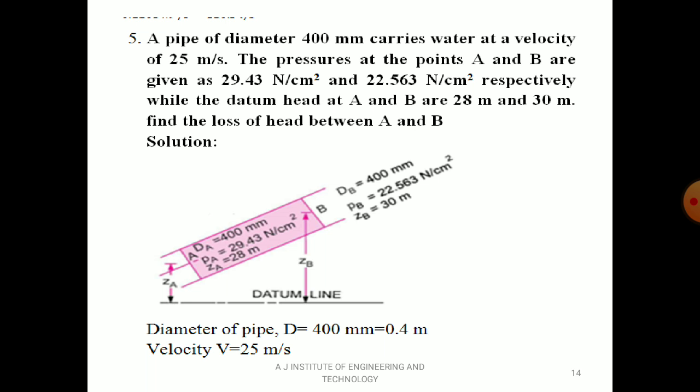Similarly, only one velocity value is given, so V1 equal to V2 equal to 25 meter per second. Because the pipe is uniform, A1 V1 equal to A2 V2. Areas are same, so you can cancel A1 equal to A2. So V1 equal to V2, that is 25 meter per second.